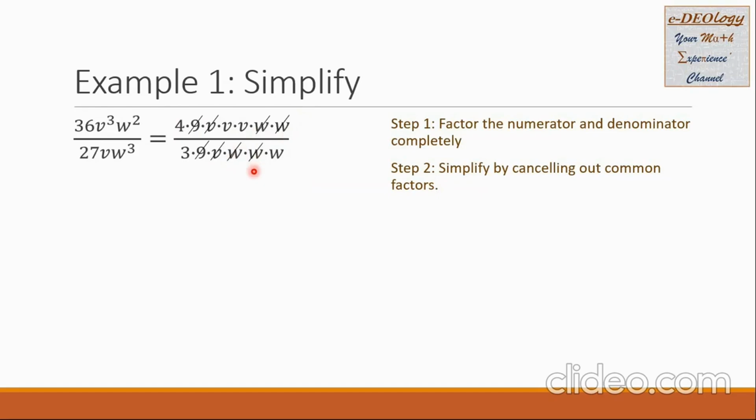So after cancelling all the common factors, we will collect the remaining terms. So in the numerator, we copied number 4. And for the variable v, there are 2 v's here. So I put here v square. In the denominator now, I copy number 3. And also the w. So this is now our answer.